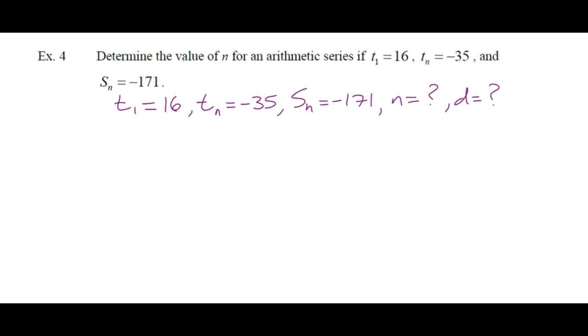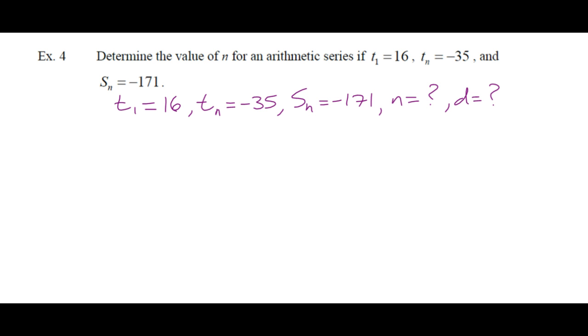So from that, we now have to decide, okay, well, we've got three formulas that we can use, right? We've got t sub n is t1 plus n minus 1 times d. That's the sequence formula. We've got s sub n is n over 2, t1 plus tn, etc. So, which formula are we going to use? So the first one for the sum, right? S sub n is n over 2 t1 plus tn.